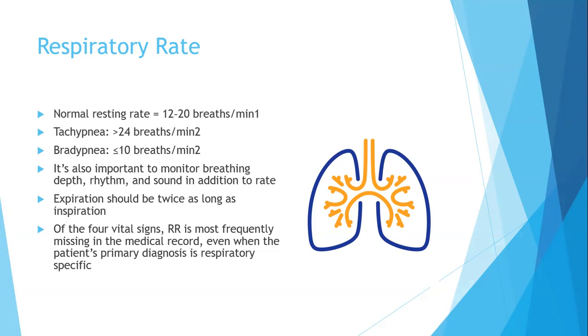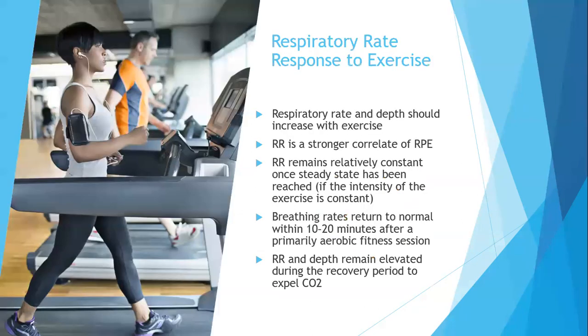So if somebody says, okay, I'm going to measure your respiratory rate, you're probably going to change how you're doing it. You have to be a little bit sneaky. That's what I suspect is a factor in it being most frequently missing in the medical record. And I've got to say, when I take a set of vitals, I don't usually do respiratory rate. I might do it now, but here we go.